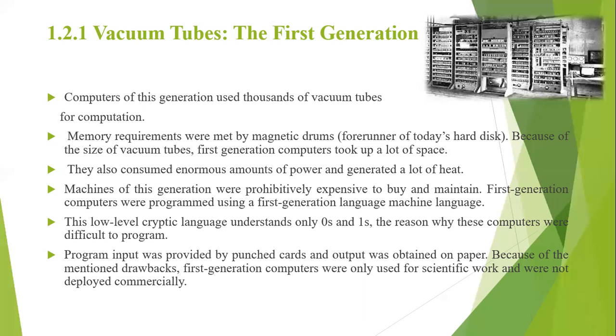They were not used by laymen or the general public for teaching or business purposes, because it was very difficult to program, they were very big in size, and the cost was definitely not affordable for the general public. That's why first generation computers were used for scientific work.